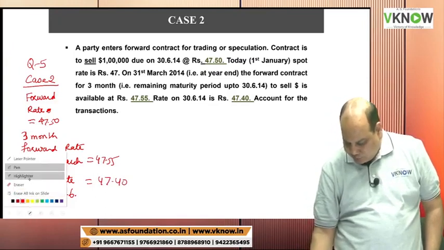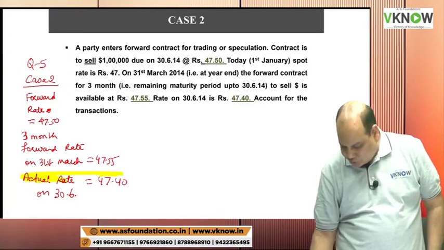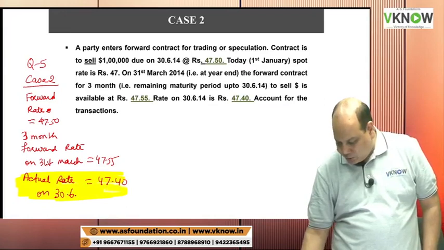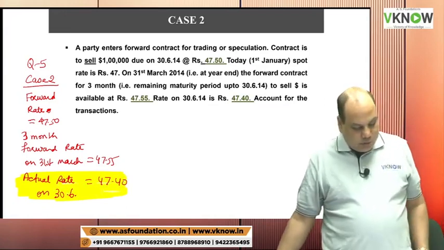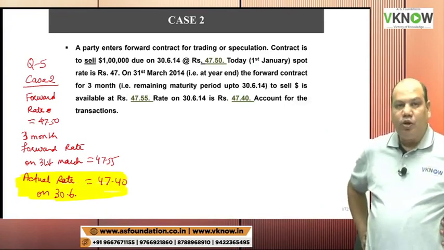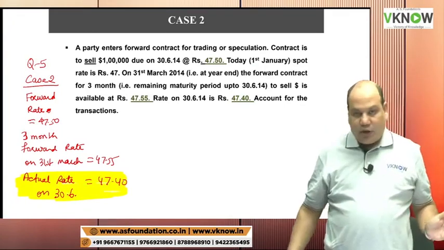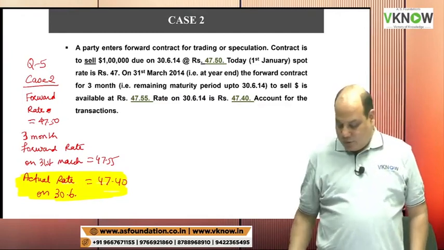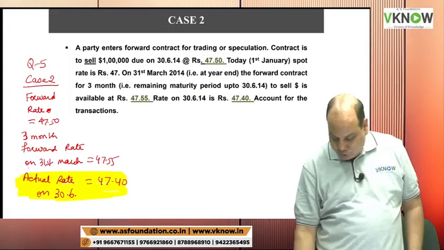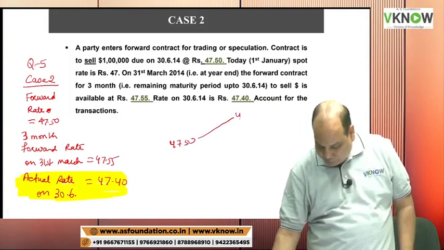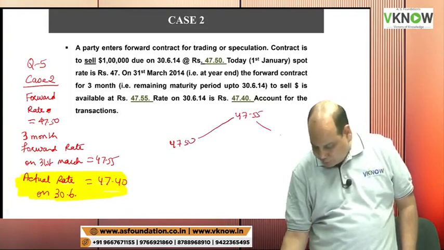So what have I changed? I have changed this one. Suppose in your question, your institute plays a trick with you. Instead of giving 47.60, they have given you 47.40. So first the rate has gone up, so you felt sad. Then the rate has gone down, so you will enjoy. From 47.50, it became 47.55 and then 47.40.